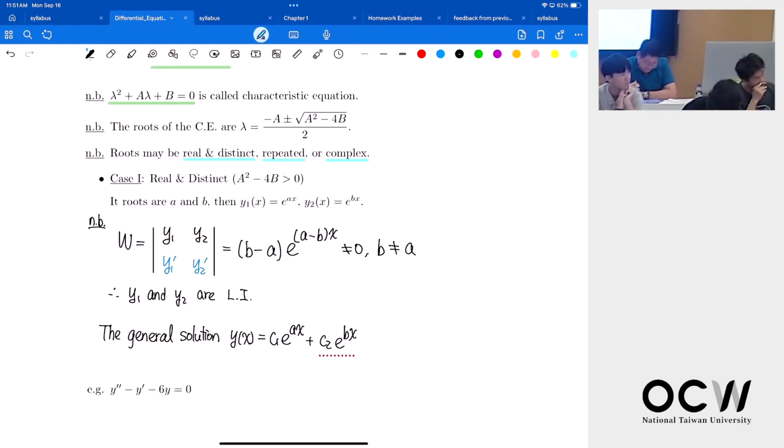That is the first case, if the roots are different.